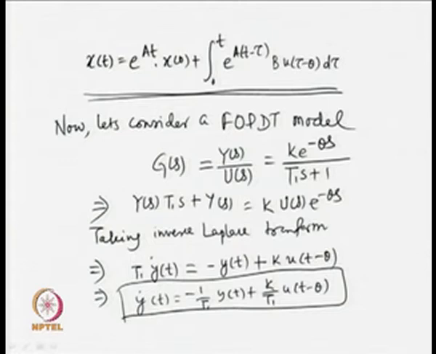Now, we shall extend state space analysis technique for the analysis of this expression. Now, ẏ(t) using state space analysis can be expressed in the form of, when the state variable x(t) is chosen to be y(t).